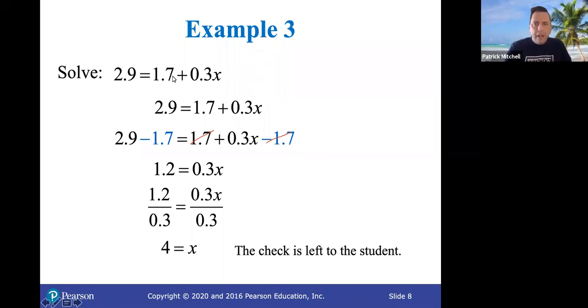One of my favorite sayings when I'm talking to classes is don't be a hero. So again, keep your calculator handy, and instead of putting yourself through 1 2/10 divided by 3/10, hopefully you know how to do that without a calculator.